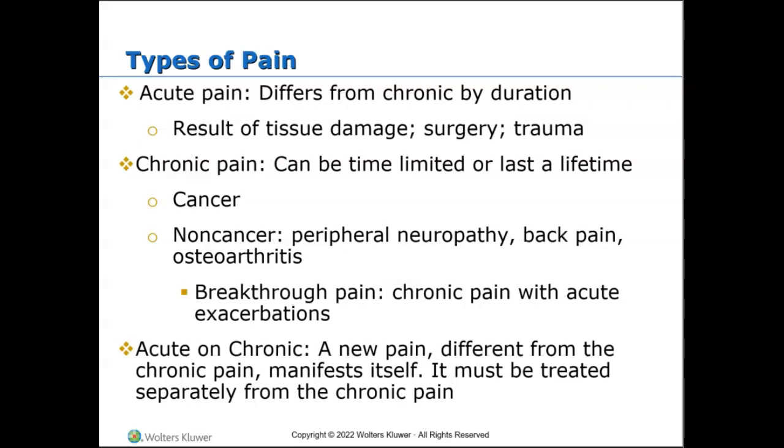So if a patient has chronic pain, for example, they come into the emergency department, they're already taking 60 milligrams a day of OxyContin, then you're going to need to give them something on top of that for their acute episode of pain, okay? It's a common misunderstanding of new nurses that yes, we're going to start above that.